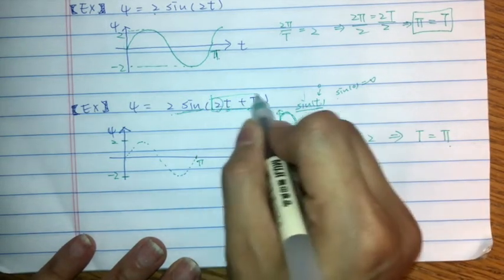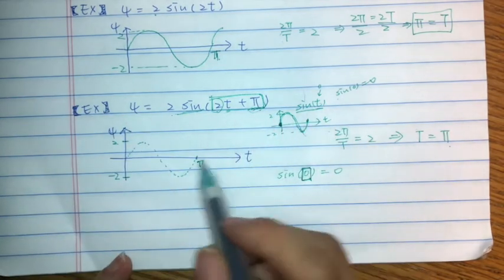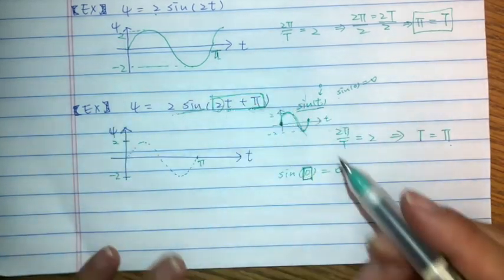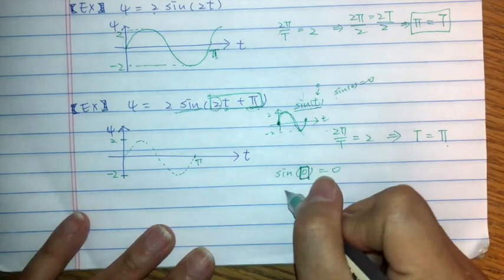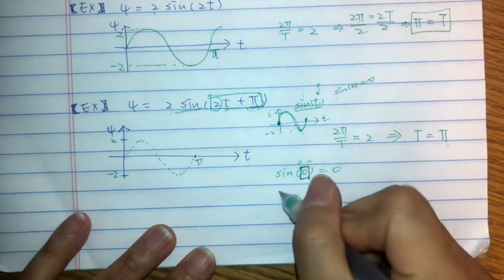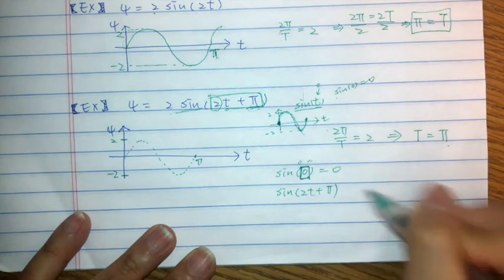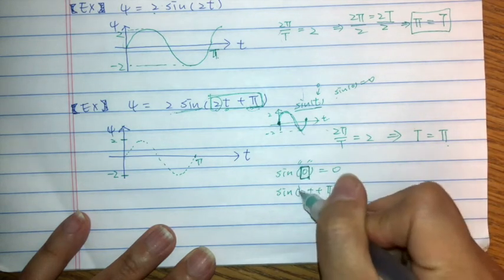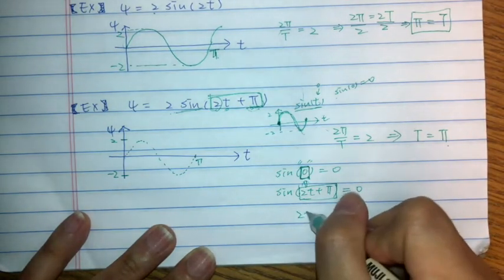This will tell you where the sine starts from. Okay, so now we have to look for the new 0. Okay. So what's the new 0? When will this be 0?